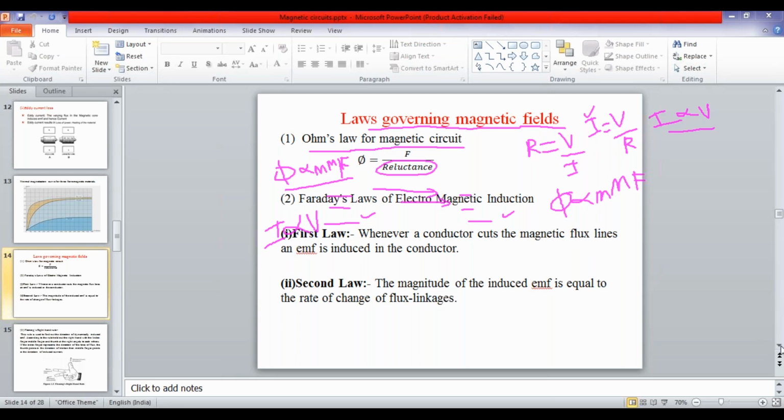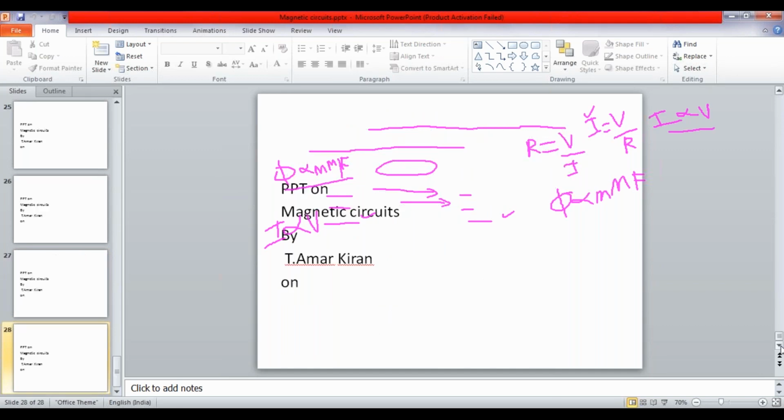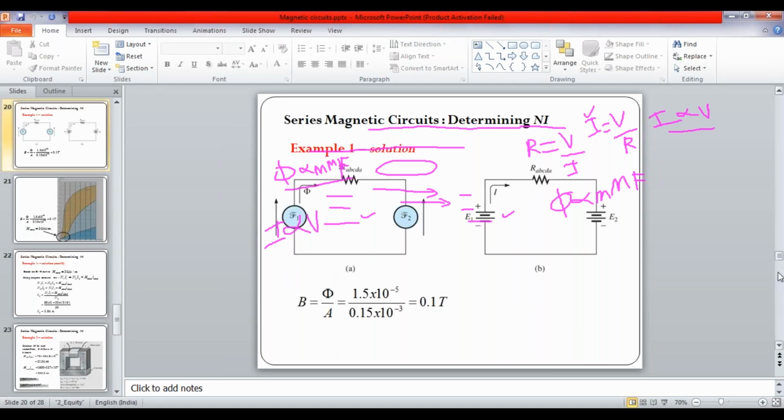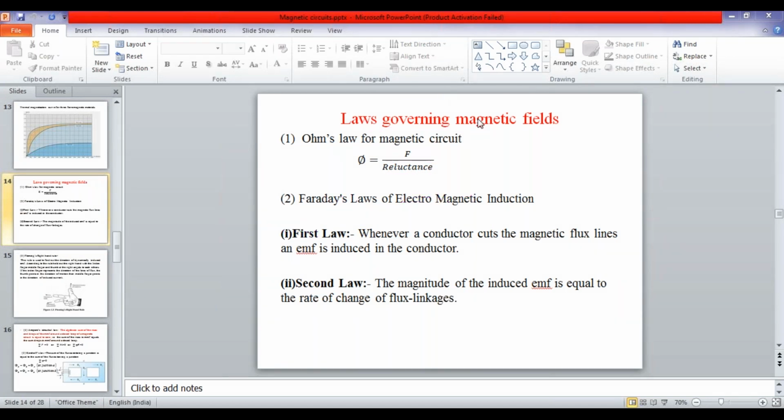Now the second law to be followed in the magnetic circuit is... Now there are two laws in the magnetic fields.